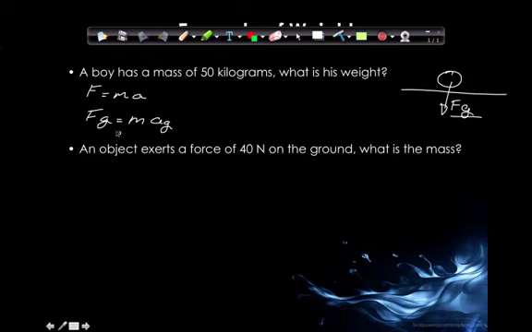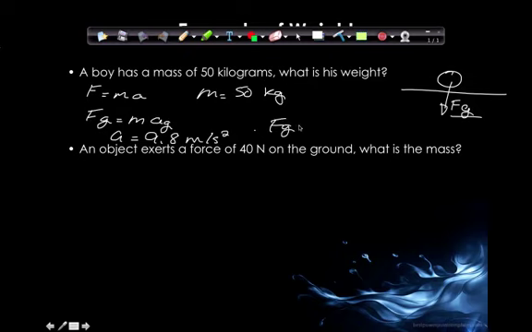So I know that the acceleration due to gravity is 9.8. I know that my mass is 50 kilograms here. So I can go ahead and solve for F of G, which is the same thing as weight.